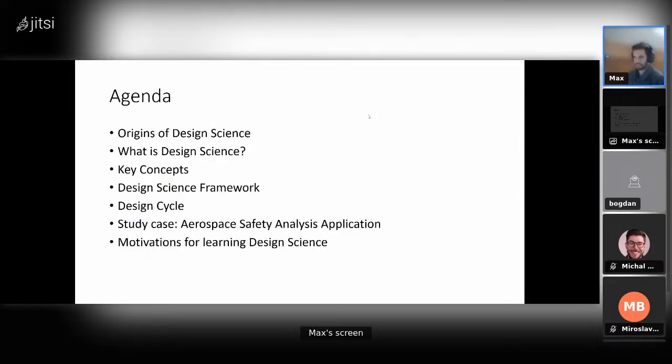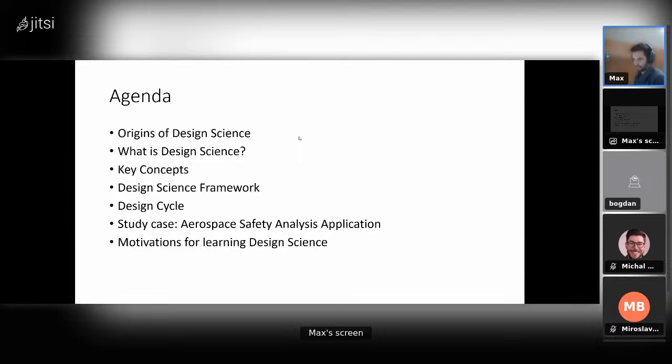Okay, so what are we going to see today? First, I will talk about the origins of design science. So where does it come from and why? I will tell you what it is, the main concepts attached to it, the framework of design science depending on the context, then the design cycle, which is basically the actual methodology on how to apply design science for your potential research project.